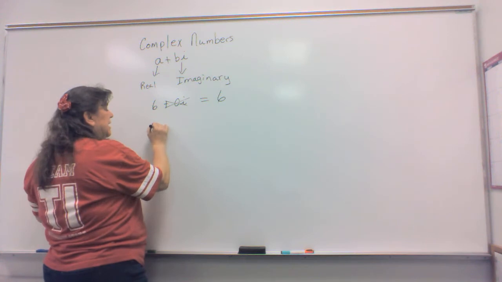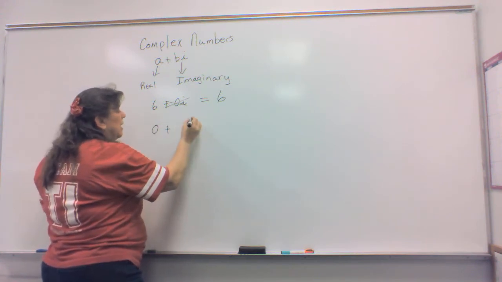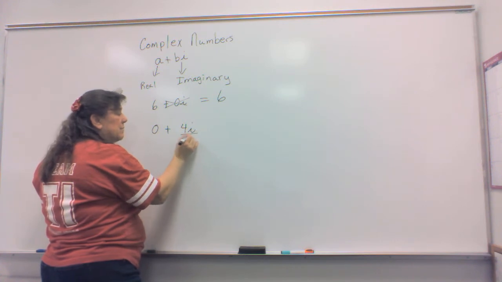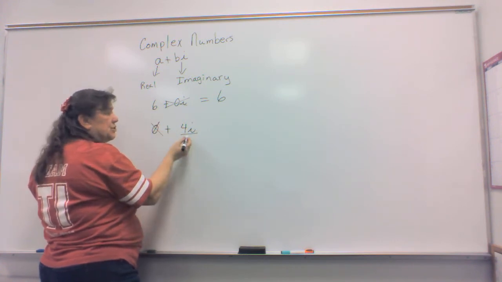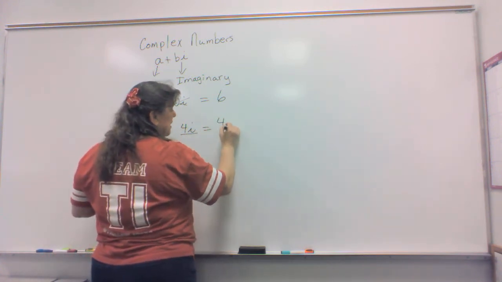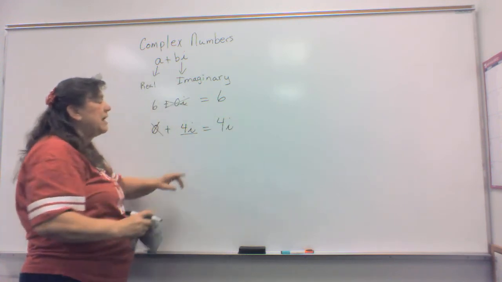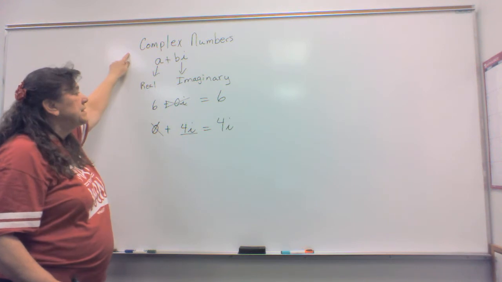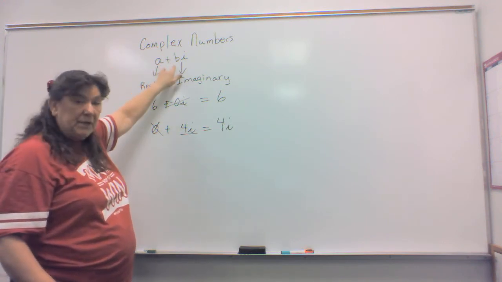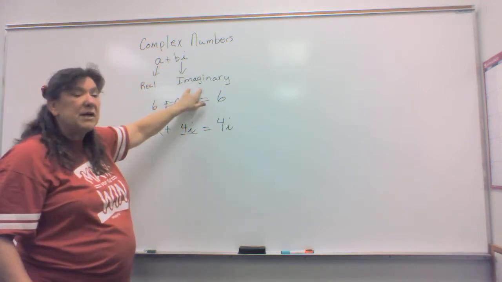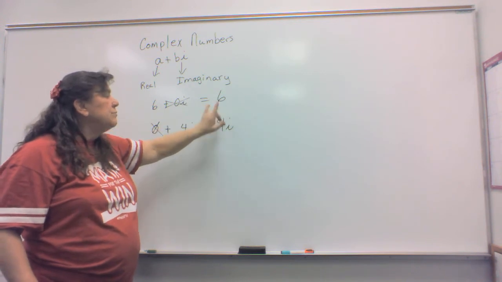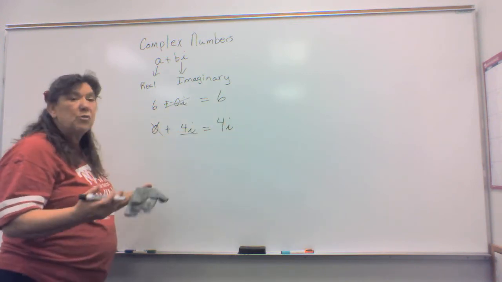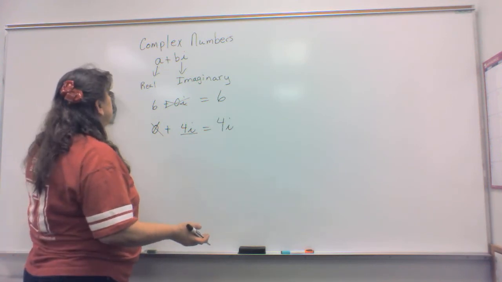Or I can have 0 plus 4i. This is the imaginary. 0 doesn't change it, so this is 4 times i. Thus, I have only an imaginary part. So my complex numbers can be a combination of real and imaginary. They can be only real, or they can be only imaginary, which is an important aspect of the complex numbers.